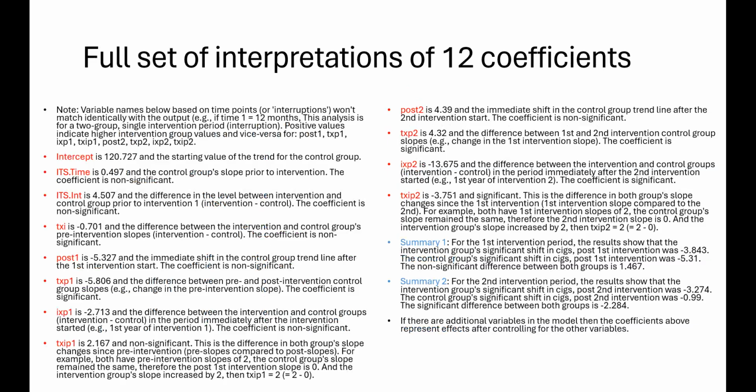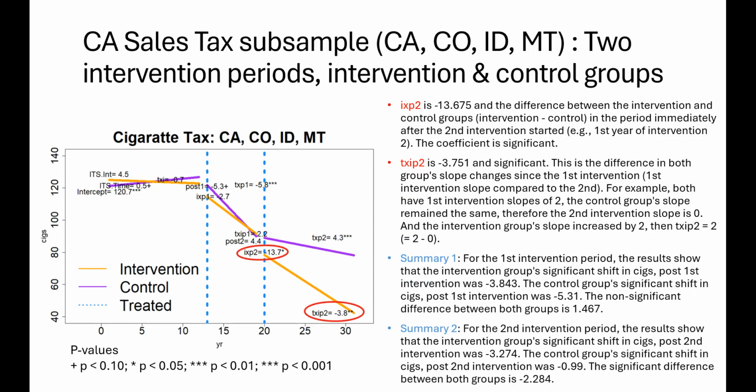I do have all of them in the next slide, but there are 12 coefficients, so I'm going to limit it to just the main 2 and our interpretation of the overall results after the first intervention period or interruption and after the second interruption. So let's go ahead and begin.